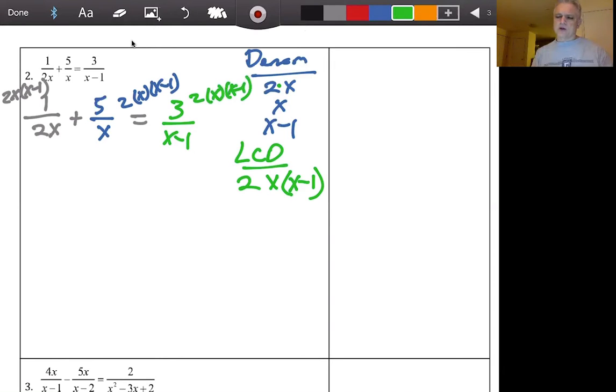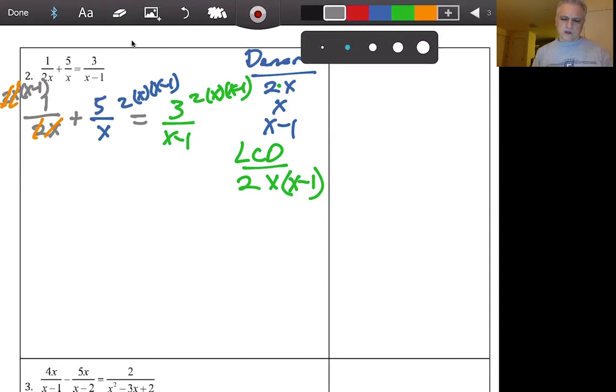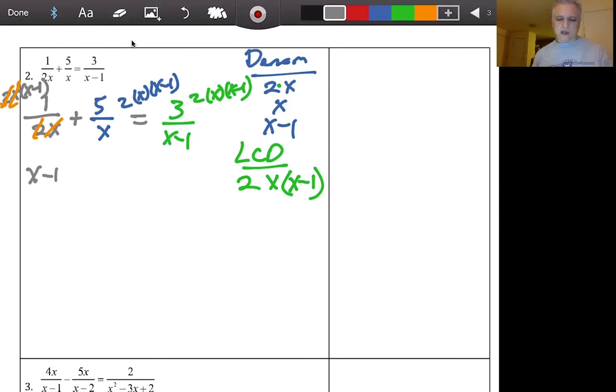So what happens when we multiply the gray term? The 2's cancel, the x's cancel, and we're left with x minus 1 times 1. I'm just going to leave the 1 out. We don't need the 1.